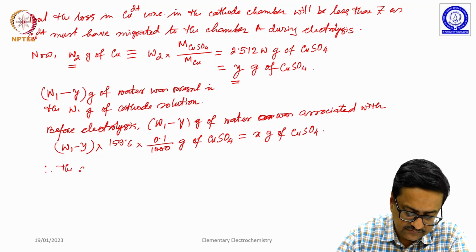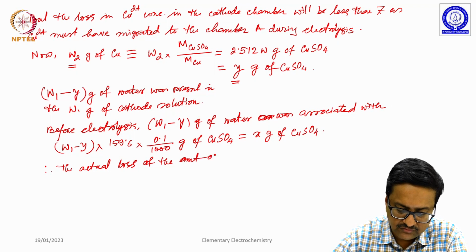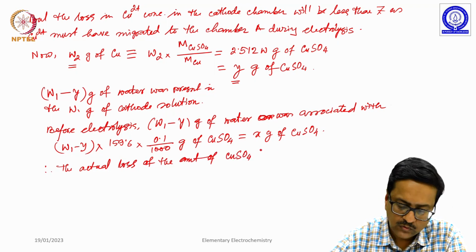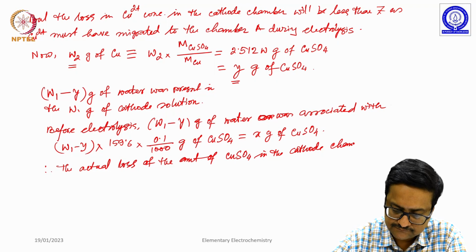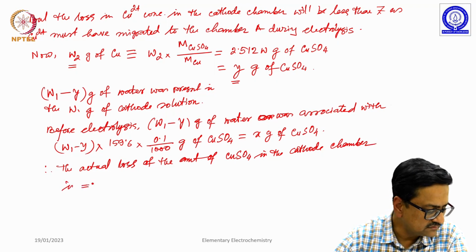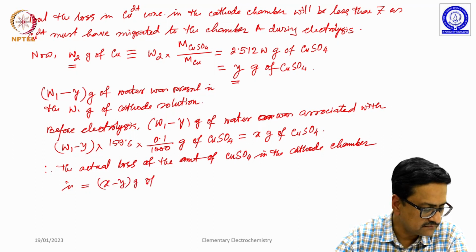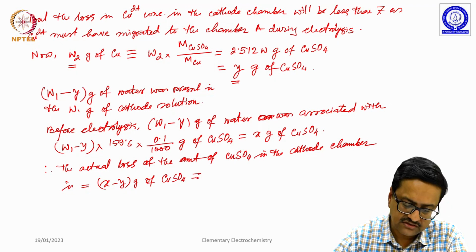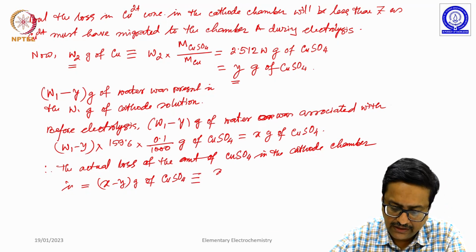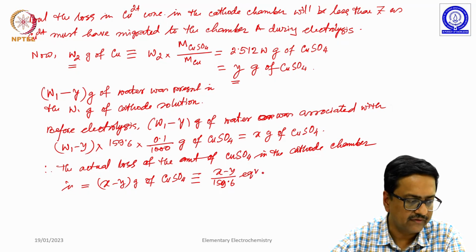Therefore, the actual loss of the amount of CuSO4 in the cathode chamber is equal to x minus y gram of CuSO4, which is equivalent to (x minus y) by 159.6 equivalents, correct?